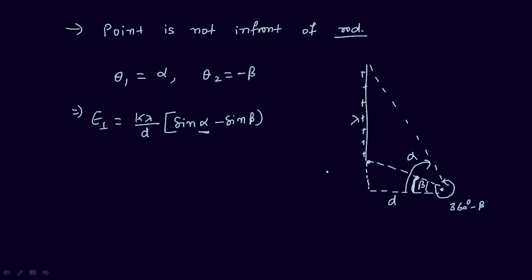So that part we have to eliminate, so minus sine beta, like this we can remember. Similarly we can write E parallel equals k lambda by d. Now cos of minus theta is cos theta only, so we can write (cos beta minus cos alpha), right? Like this we can solve.